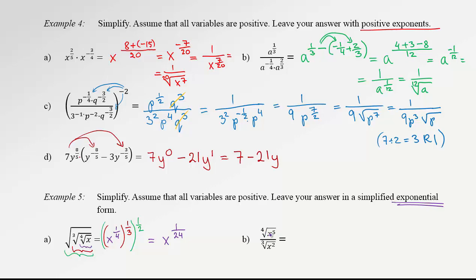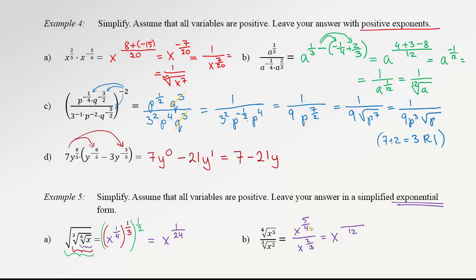4th degree root of x to the 5. That's the same as x to the 5/4. And then we divide it by x to the 2/3. Now we need to divide these two powers, so we need to perform subtraction on exponential level, keep the x, and subtract, meaning the denominator must be common, which is 12 in this case.